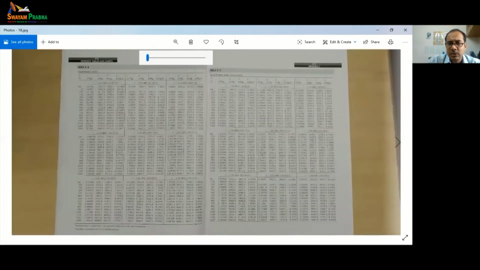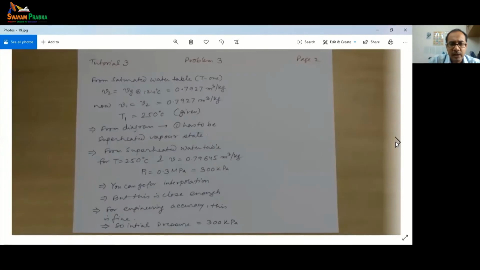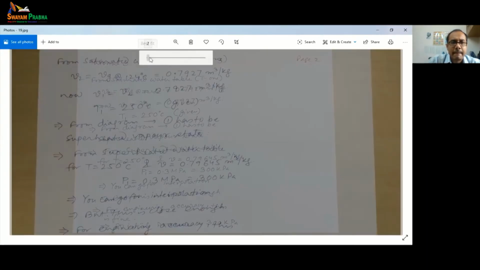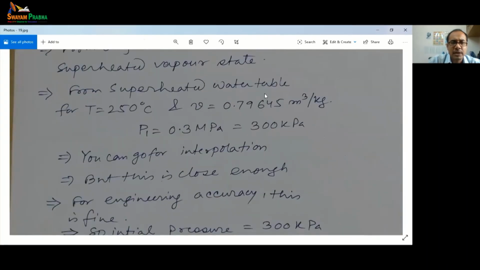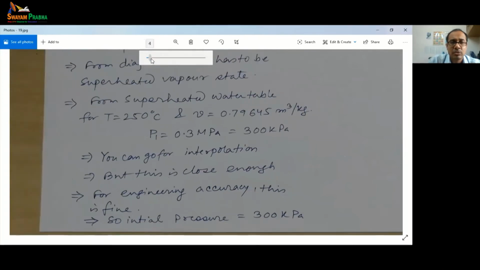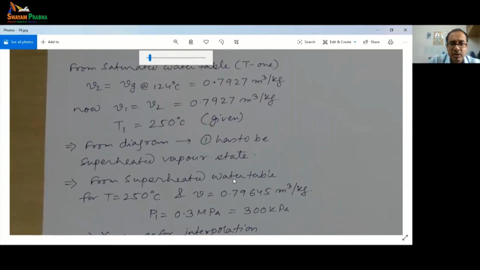So if we go back, from the superheated water table we found that for 250 degrees centigrade we have a specific volume of 0.79645, which is very close to what we have for V1, 0.7927.